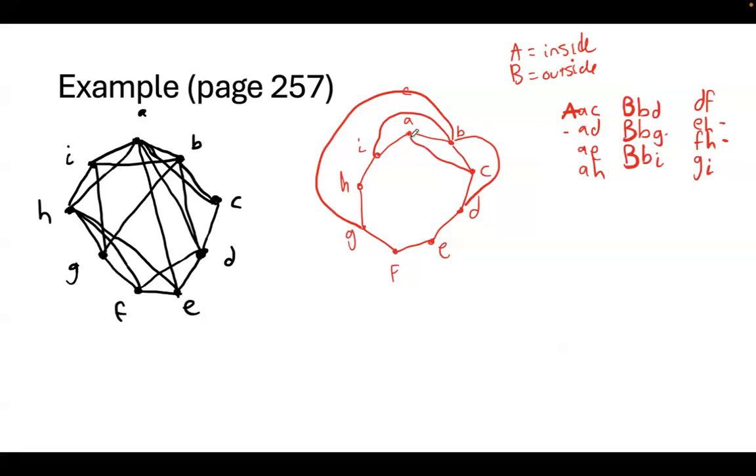So we put AD inside, EH we put inside, and FH we put inside. So we did AD, EH, and FH. And so now we've just got 3 left.